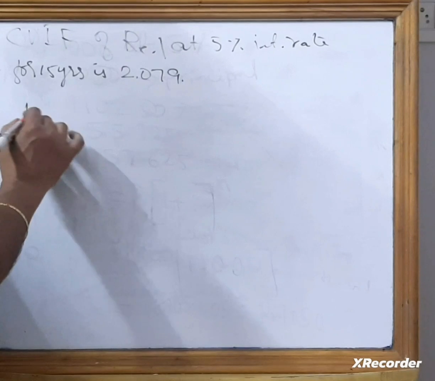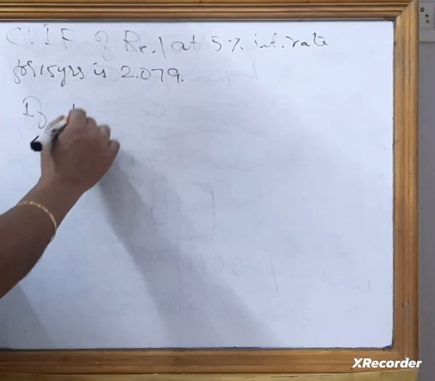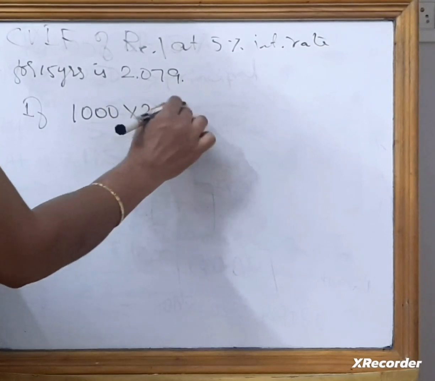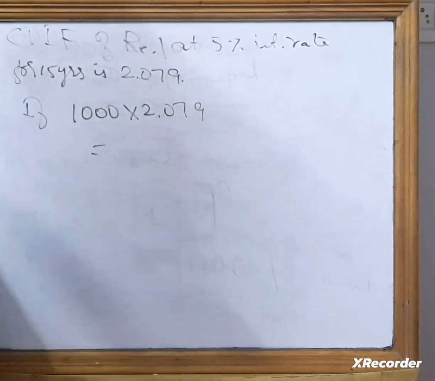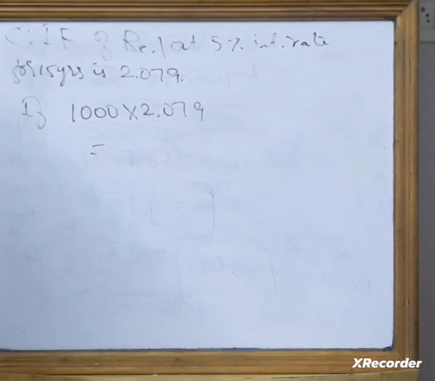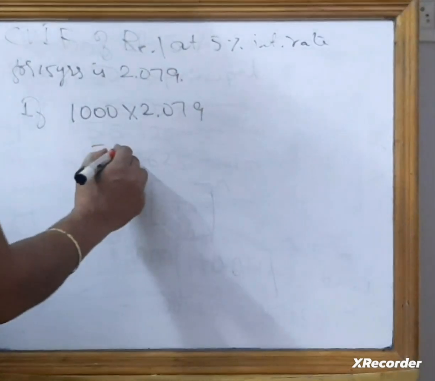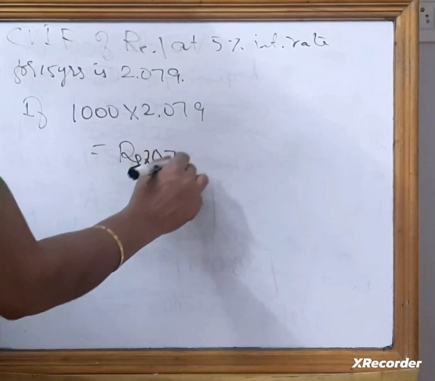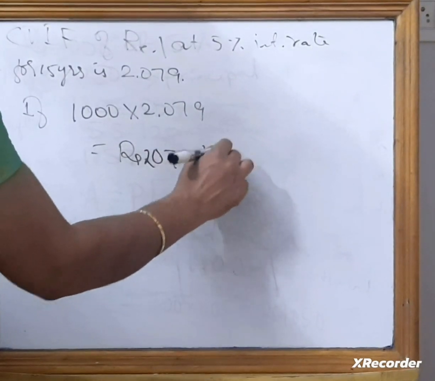If you multiply 1000 rupees with 2.079, you will get the future value of rupees 2079 for 15 years.